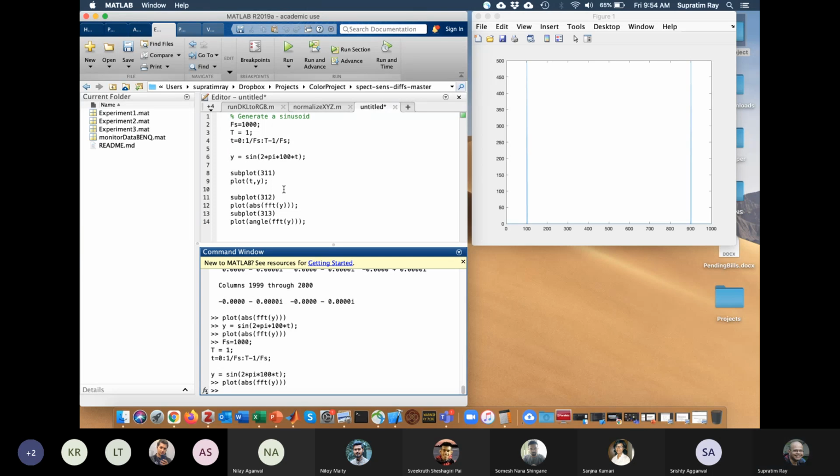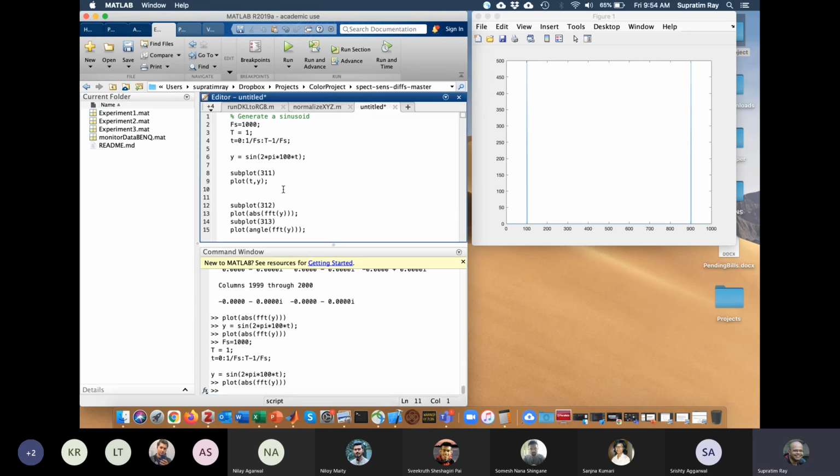So I need to create another vector which tells you what each frequency corresponds to. And the first frequency that it corresponds to is always 0. And then it's 1 by t spacing. And the final one is fs minus 1 by t.